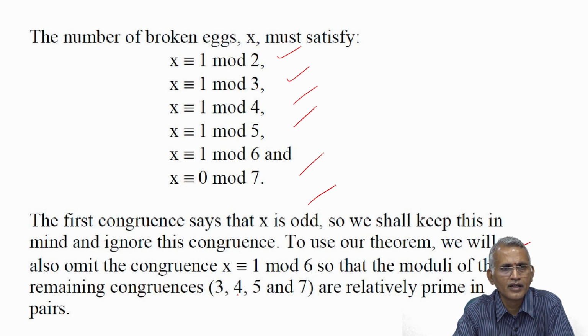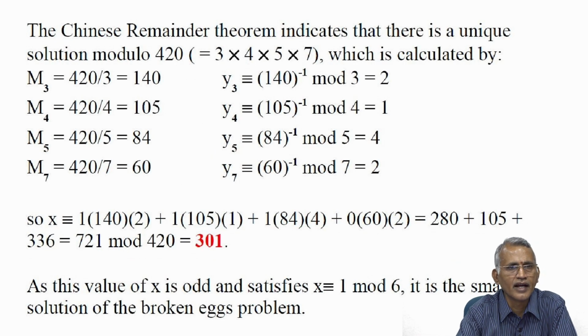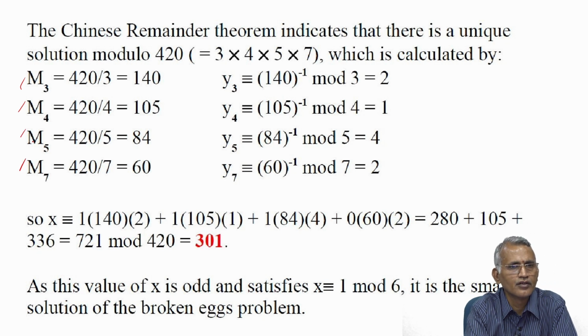Now, the Chinese remainder theorem indicates that there is a unique solution modulo 420. The 420 can be written as the product 3 into 4 into 5 into 7, which is calculated by M3, M4, M5, M7. So, for M3 what you have to do is divide 420 by 3.